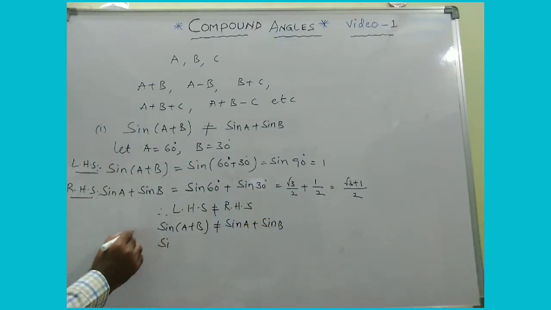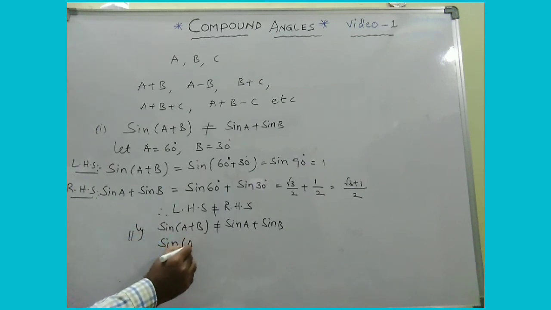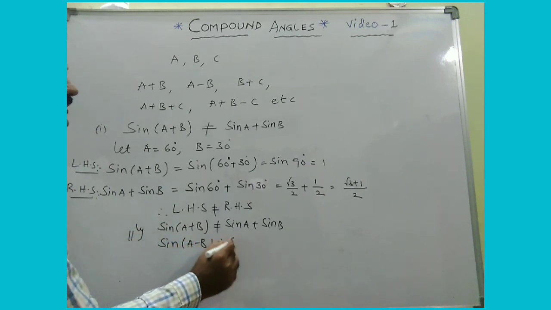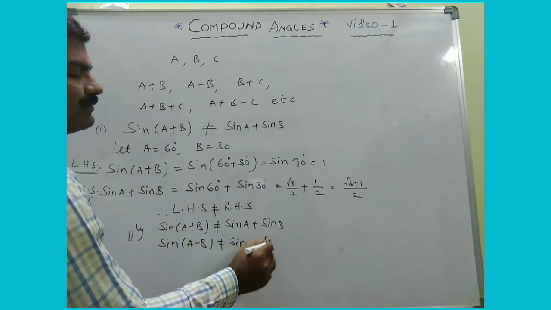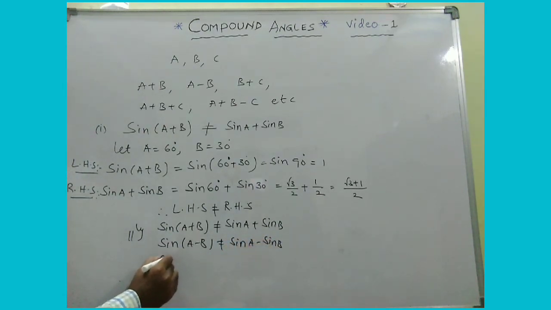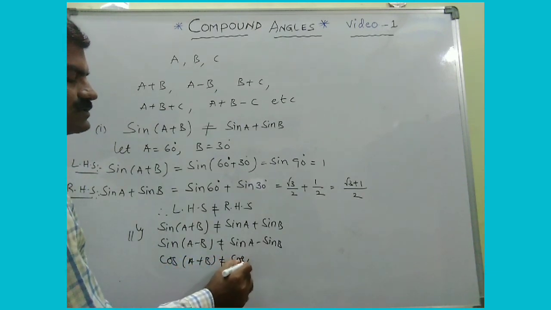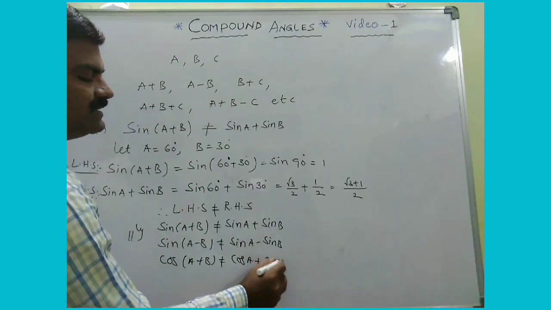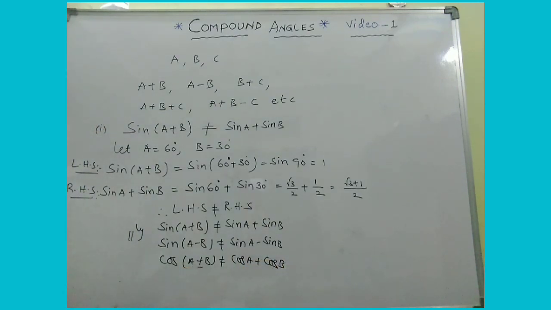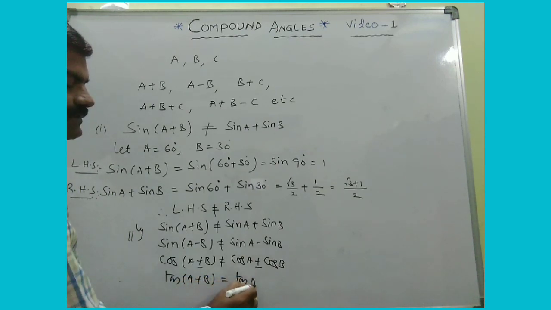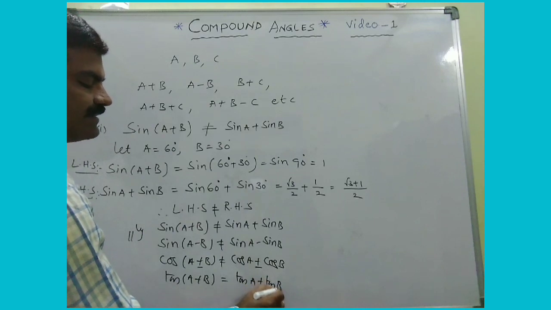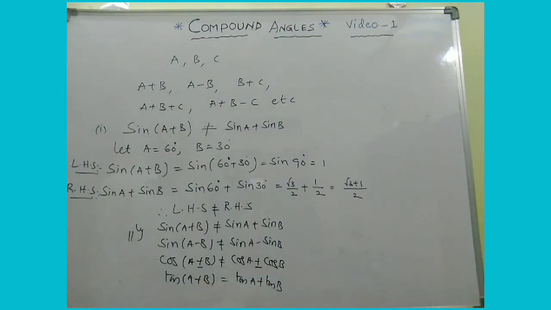Similarly, my dear, sine of A minus B is also not at all equal to sine A minus sine B. Even cos A plus B is also not at all equal to cos A plus cos B. If I replace with minus, then also it is not equal to cos A minus cos B. Then do you think that tan of A plus B is equal to tan A plus tan B?